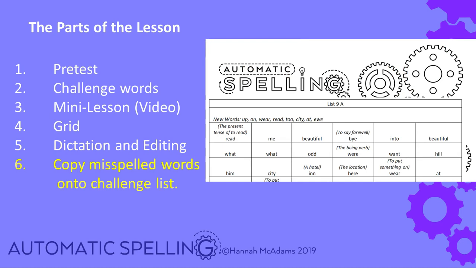Okay, and then if you've missed a word, you copy that, obviously spelled correctly, onto the challenge list. So where has been a really one that a lot of students have struggled with, to put something on where. So I circled that one, but you just copy that onto your challenge list, which is just a separate piece of paper that you keep a record of the words that you're missing.